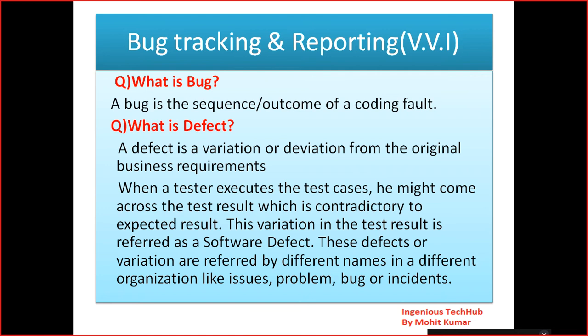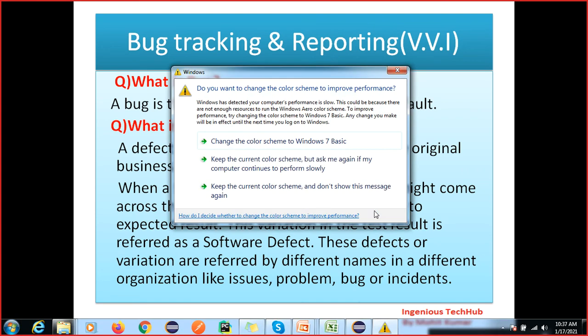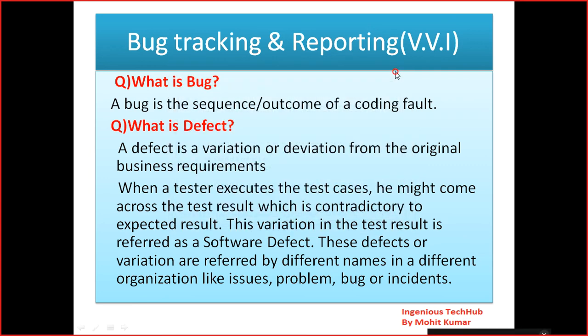This variation in the test result is referred to as a software defect. It is called by different names in different organizations, like issue, problem, defect or incident. Defect is the common name, but you can use issue, problem, defect or incident.